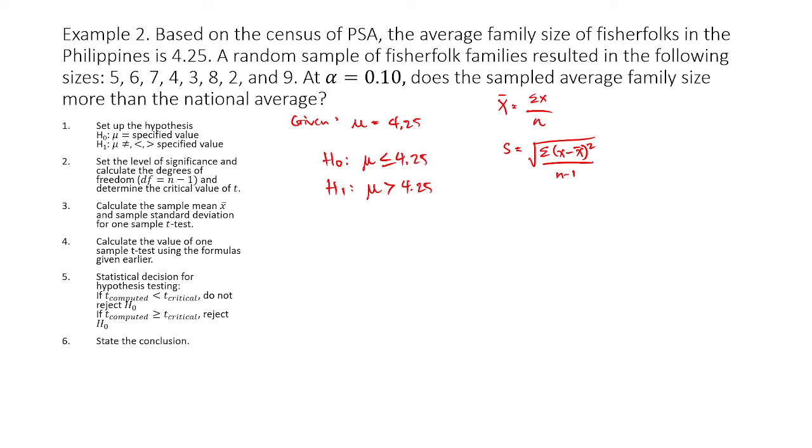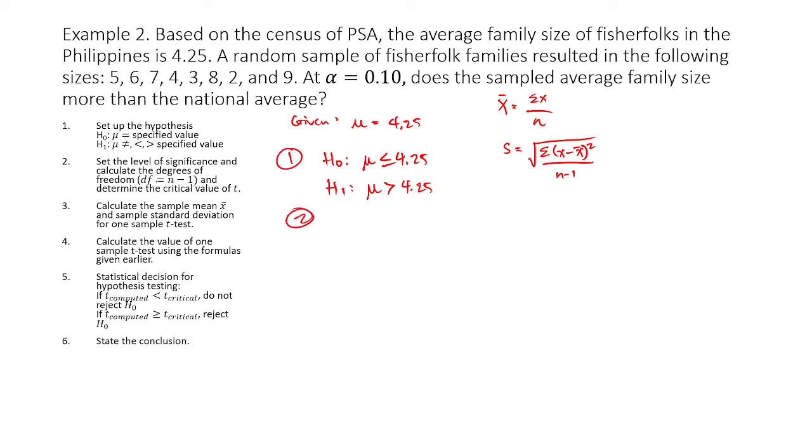So that is our null hypothesis and our alternative hypothesis. Since meron siyang direction, ang ibig lang sabihin nito class, one-tailed tayo. Ibig sabihin, papunta yan sa kanan kasi makikita nyo, more than yung nakalagay dun sa ating alternative hypothesis.